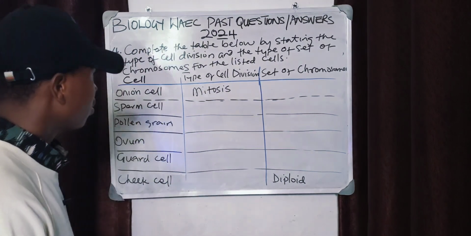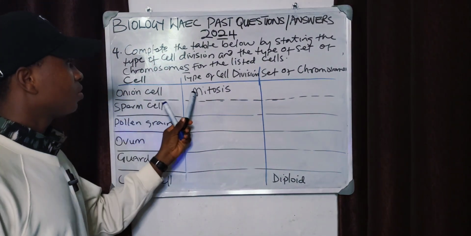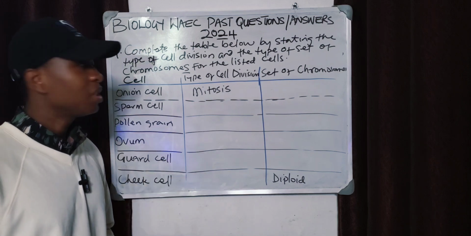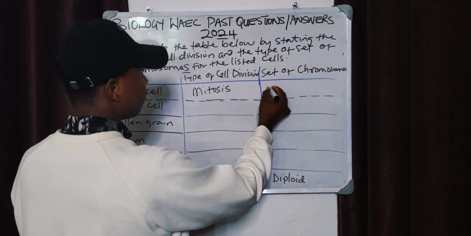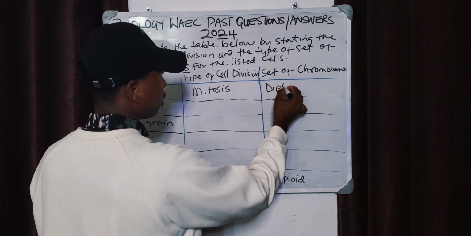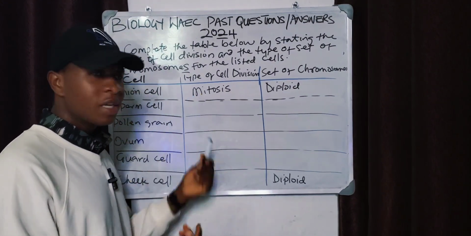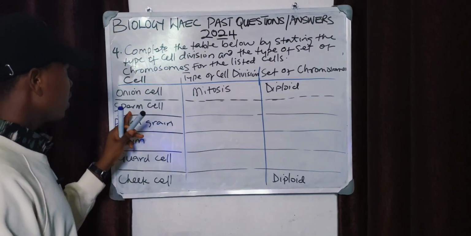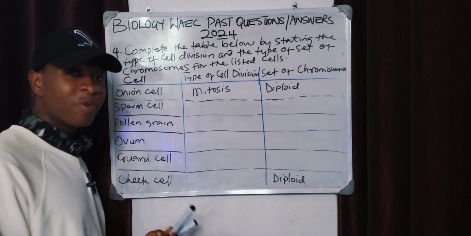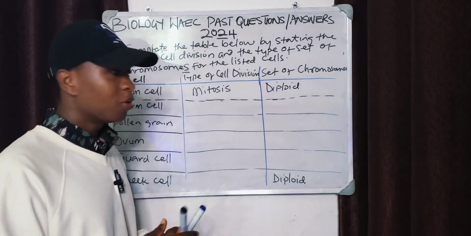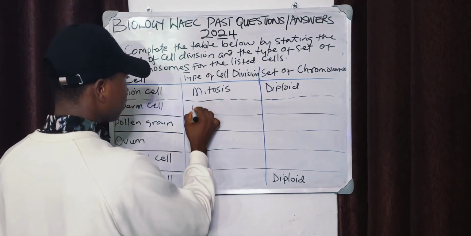So with this information now, you can see onion cell undergoes mitotic division. So we would have diploid here. So it has a complete set of chromosome after mitosis. The next one is a sperm cell. Sperm cell is a reproductive cell. So we would have meiosis.